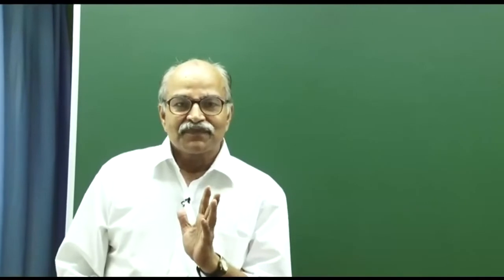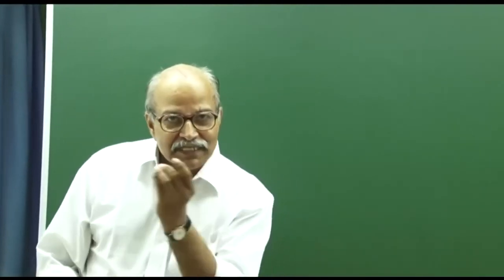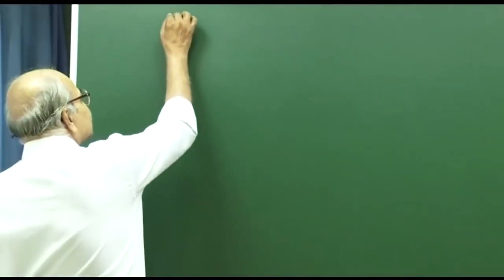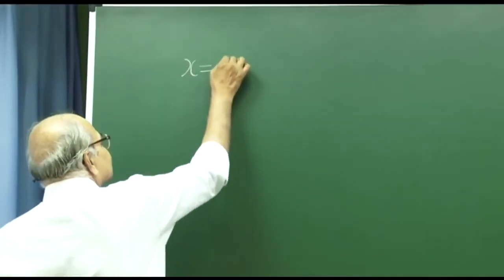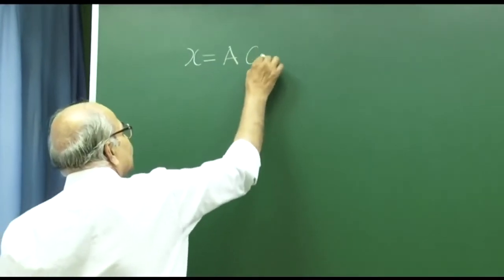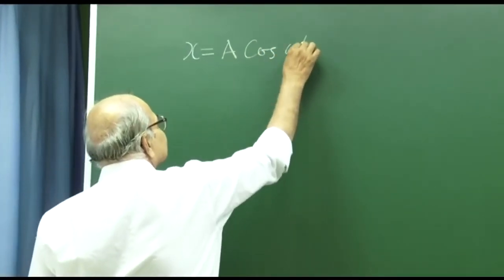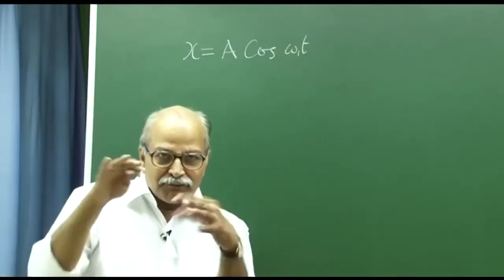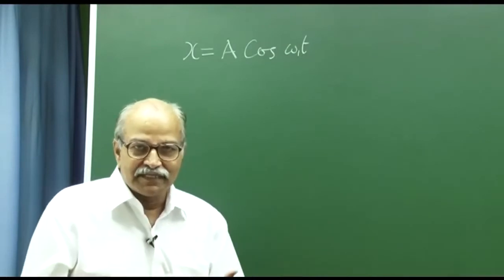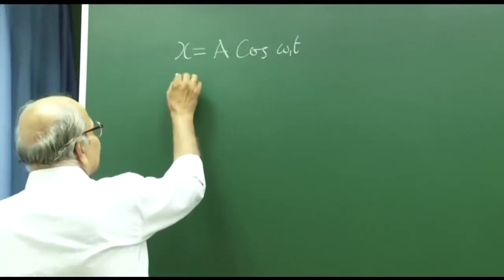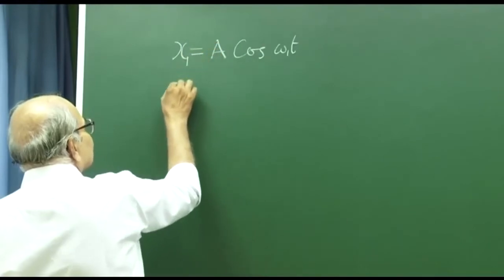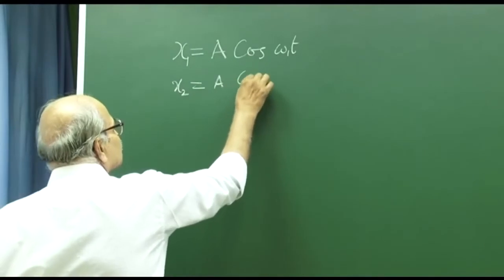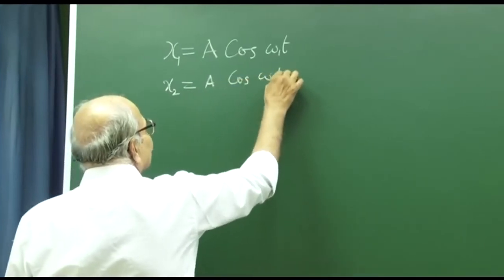So, let us suppose I have an object which is given oscillations because of some force, and that oscillation is, let us say, x1 equals a cos omega 1 t, and then there is some other force system which gives it another frequency, and that is x2, which is, say, a cos omega 2 t.